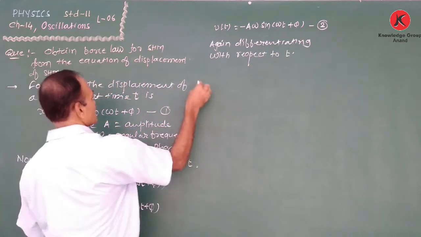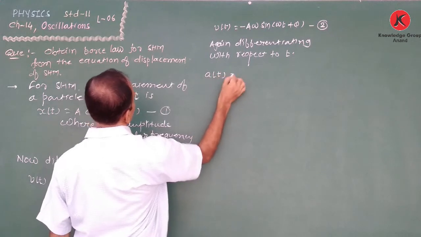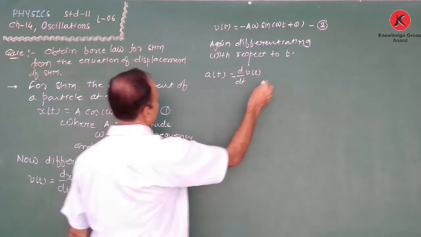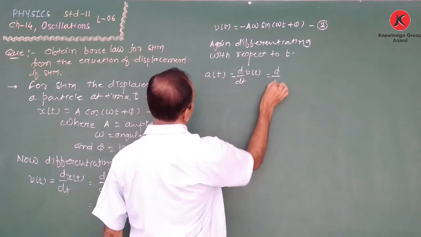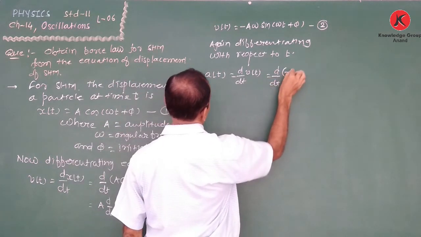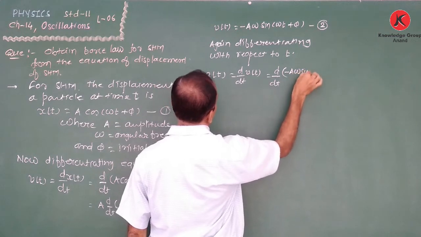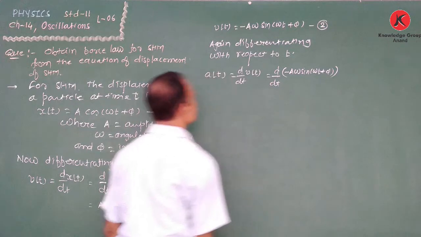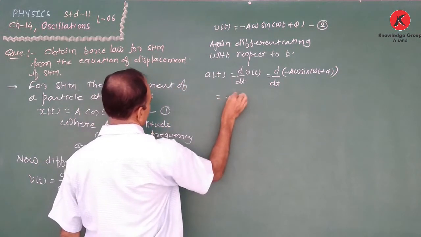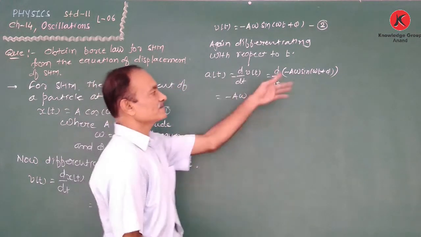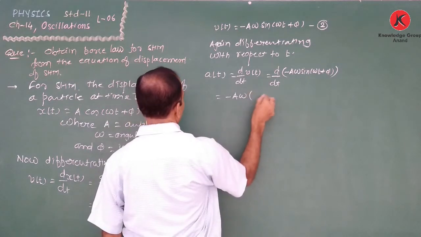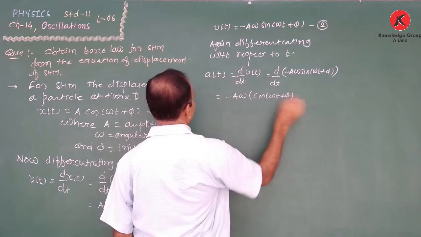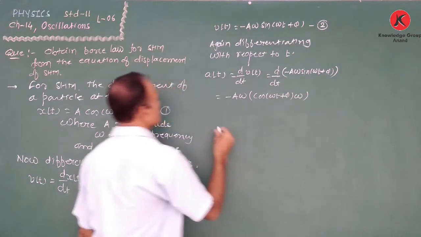So we obtain the acceleration a(t) equal to d by dt of velocity v(t), which is d by dt of minus A omega sin(omega t plus phi). This equals minus A omega times the derivative of sine, which is cos(omega t plus phi), and the derivative of the bracket is omega.